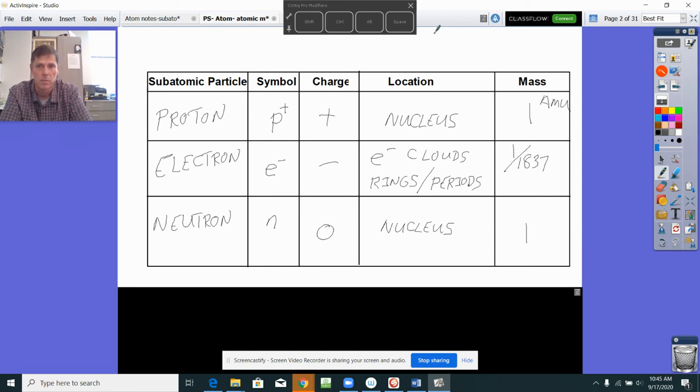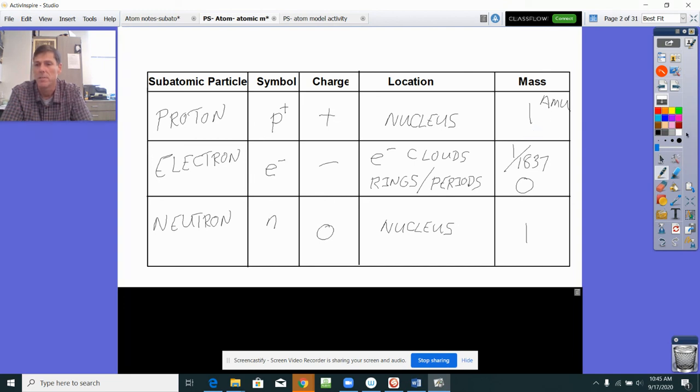So pretty much it's meaningless. So in reality, we say the mass of an electron is 0. You would have to have 1,837 of them in one spot to equal the mass of a proton. Not happening. So hopefully that makes sense.